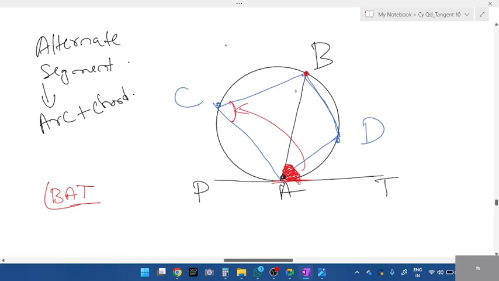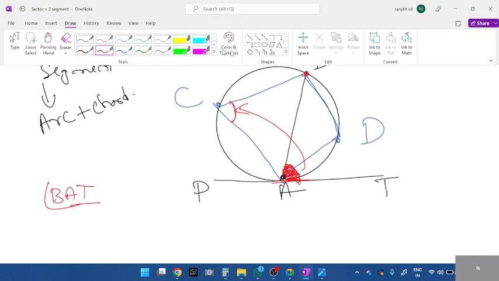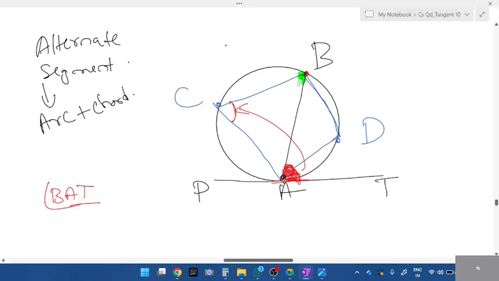Alternate segment. Why do we call it alternate? Because here, this is a chord. Where is the angle formed? Left side of the chord or right side of the chord? Right side of the chord. So the angle on the left will be equal to the alternate one, on the right. So BAT will be equal to angle ACB. First thing. Is this clear? All of you understood? BAT is equal to ACB.